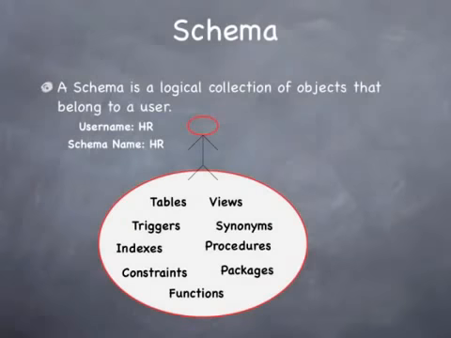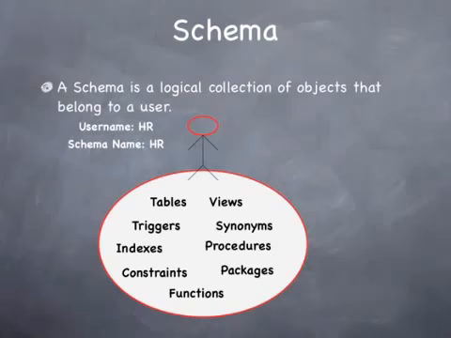We now look at the definition of the word schema. A schema is associated with a user. Every user has a schema, and a schema is a logical collection of all the objects that belong to a user. Now, if you look at this diagram, here we have a user whose name is HR. Now, this user might have many objects, which are tables, views, triggers, synonyms, indexes, packages, constraints, procedures, functions, and so on.